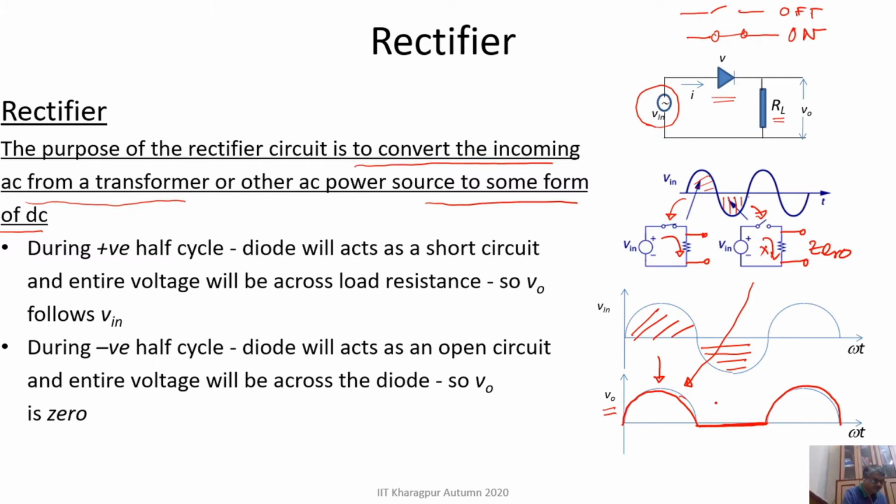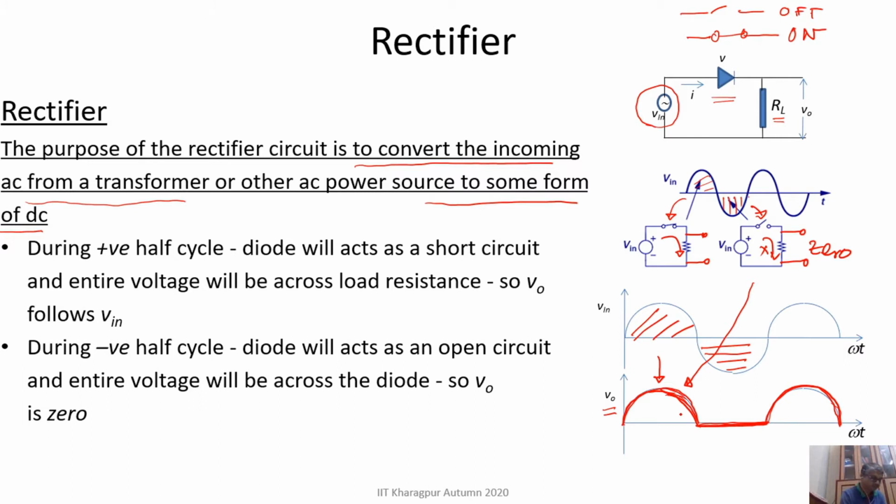So this is a half wave rectifier, because in the output we are getting only one half, that is in the positive direction. We always get output in the positive half of the input. So it is rectifying, and we are not getting any output when the input is in the negative half.